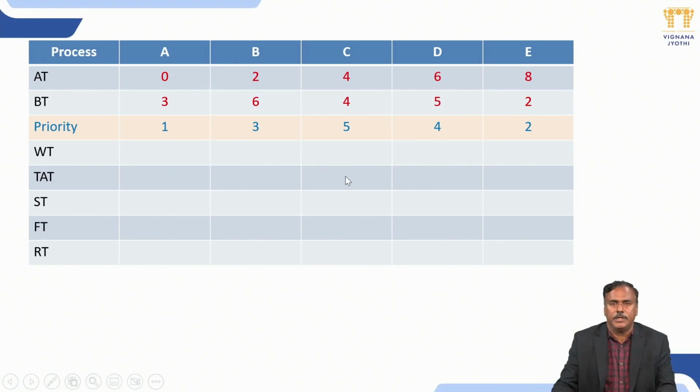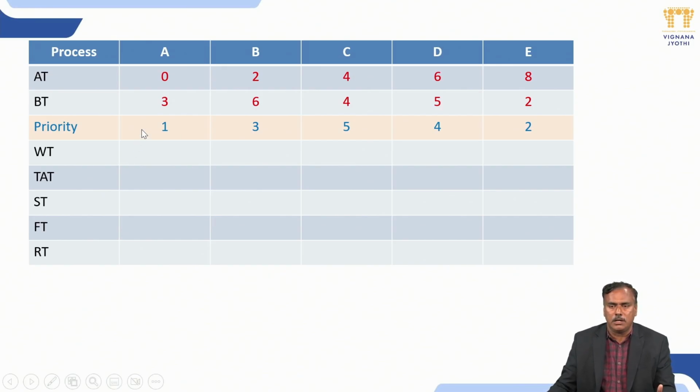The difference between the previous techniques and this technique in terms of the input data is that you will be given priority information. So you are going to take into consideration the priority of each job.